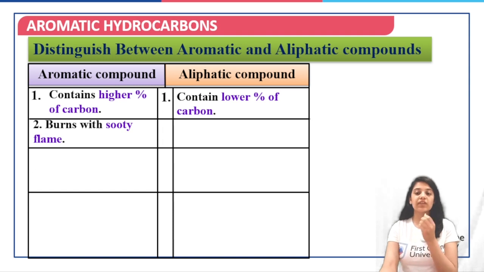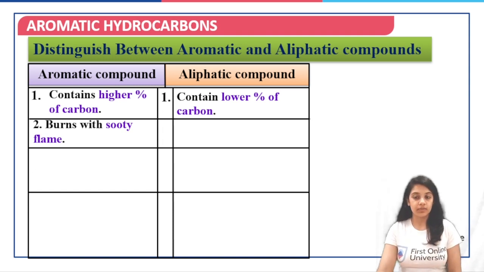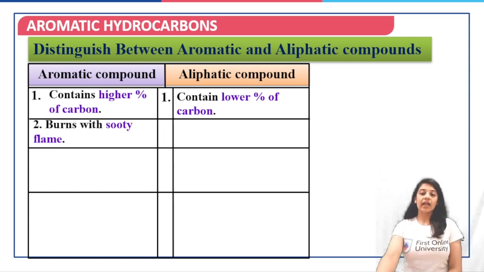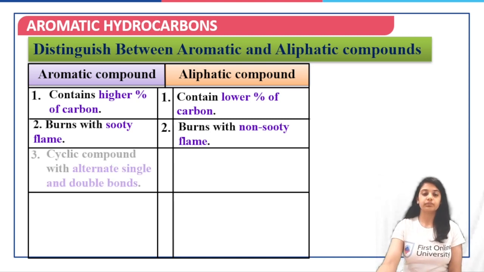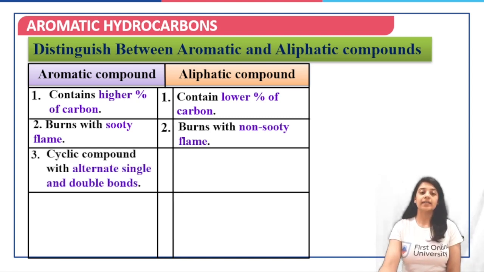Black sooty flame is what they burn with. Whereas the aliphatic compounds burn with a non-sooty flame. They do not give black colored ashes that fly in air. Third is that cyclic compounds with alternate single or double bonds are classified as aromatic compounds, and aliphatic compounds, on the other hand, are open chain compounds.